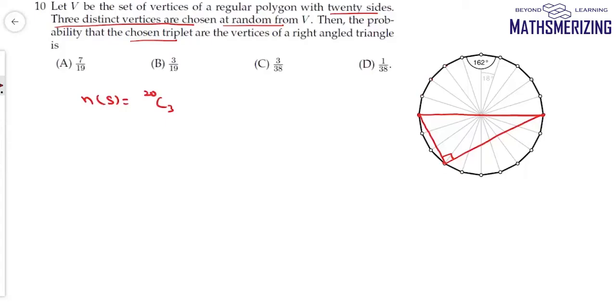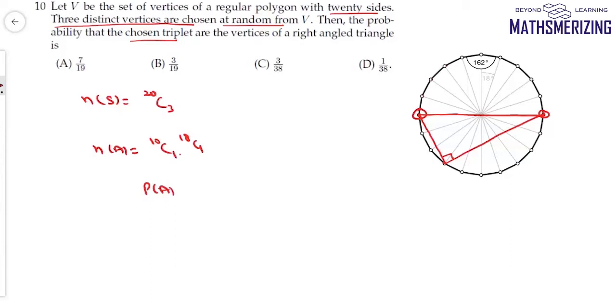Suppose the event that the triangle formed is a right angle triangle is A, then n(A) will be: first I'll choose diametrically opposite points, which can be done in 10C1 ways. Now once I have these 2 points, I can choose any one point from the remaining 18 points, which I can write as 18C1.